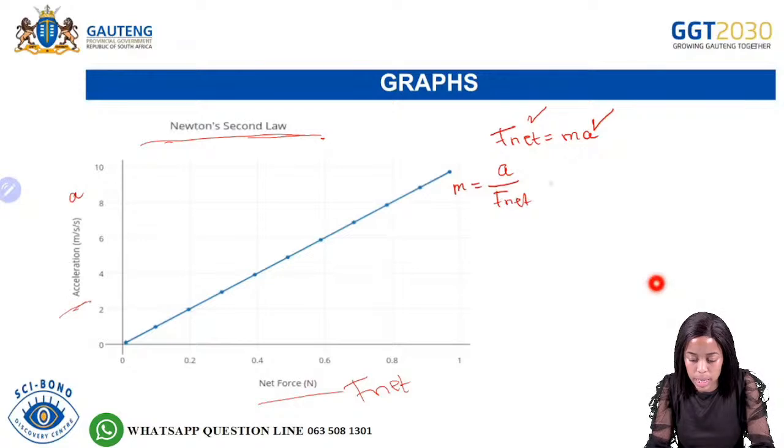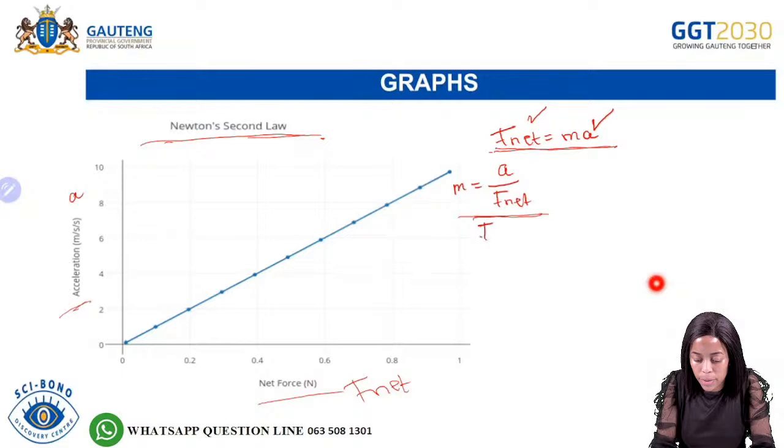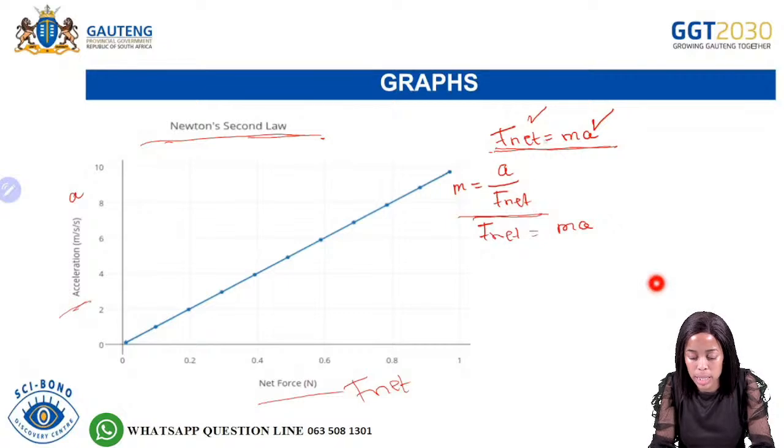In this case, we need to manipulate this formula so that we get to this gradient here. So it's F net is equal to ma. How are we going to manipulate that?